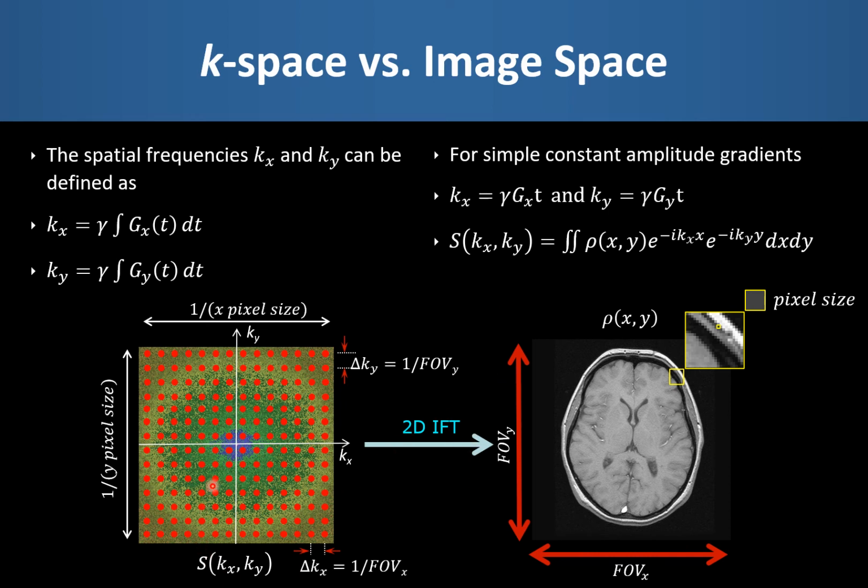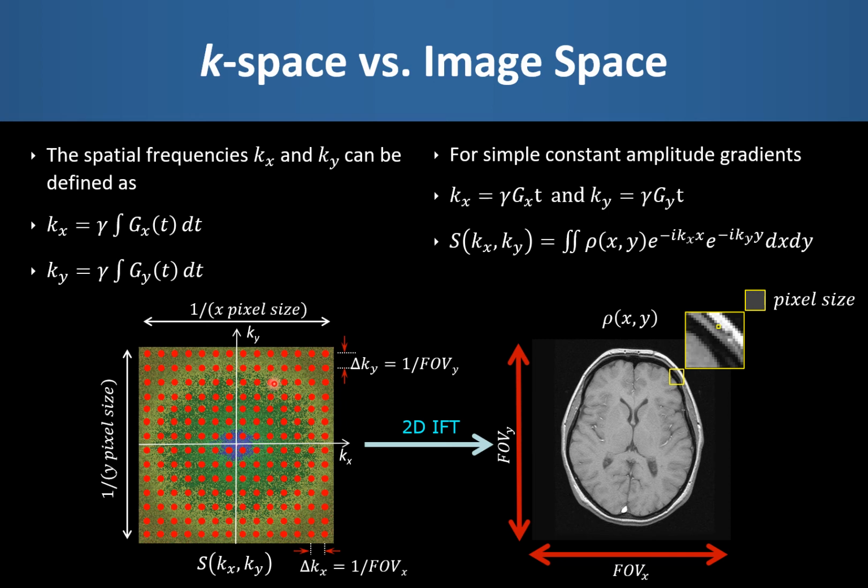For example, if we wish to increase the field of view but maintain the same number of samples, then the K-space sampling interval needs to become smaller. This will reduce the overall extent of K-space, so the pixel size will therefore become larger.